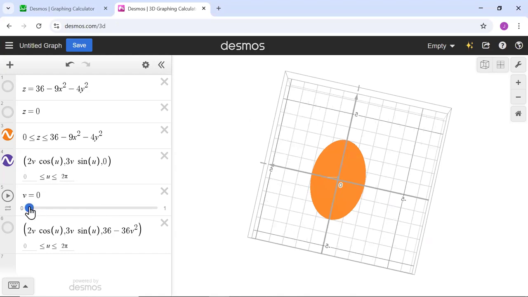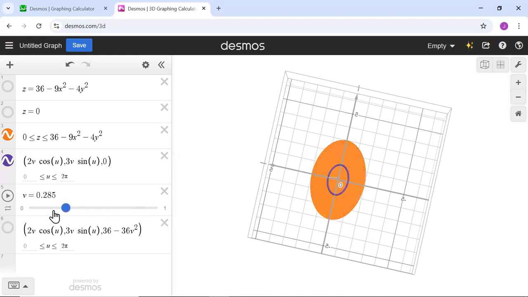As this v goes, if it's at 0, then we're at the origin. And as this v goes up, we're filling this space. So at each individual v value, we're getting a slice of, or a portion of this surface. And at v equals 1, I get the boundary of the ellipse.